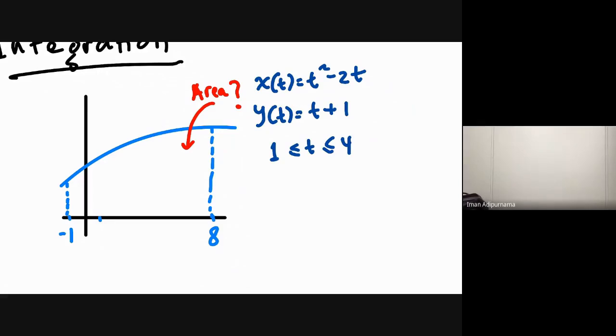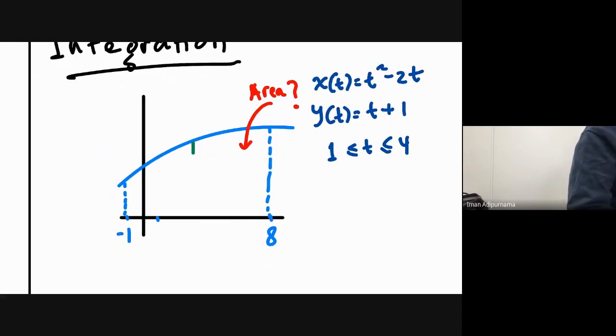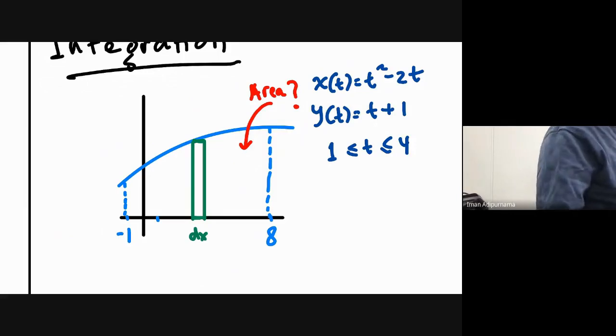Now, if we look back into calculus 1, the integral, we need to divide the area. For example, this small area here, a small rectangle, we can define this as dx, and this is y.